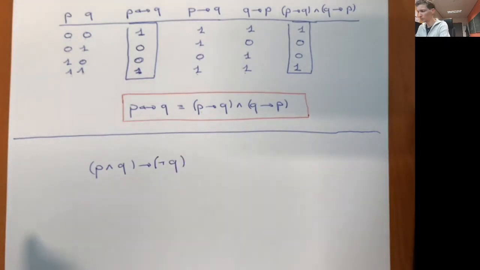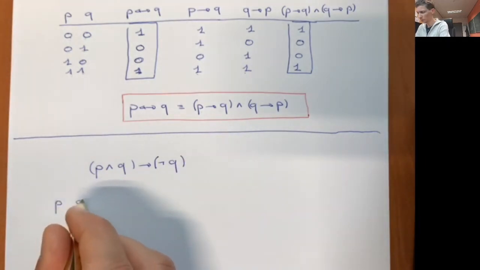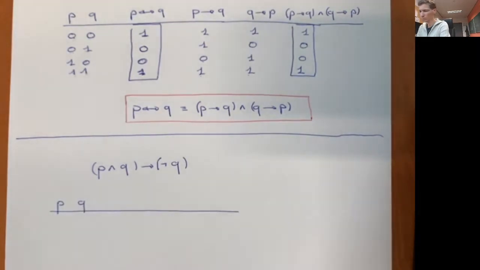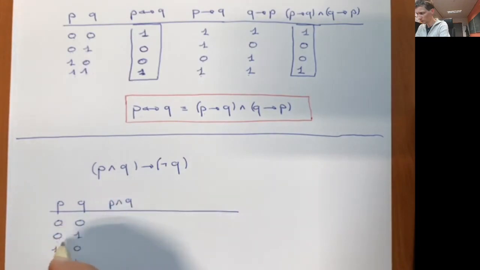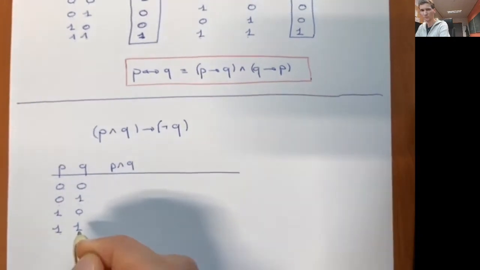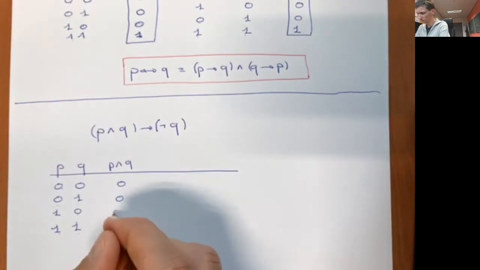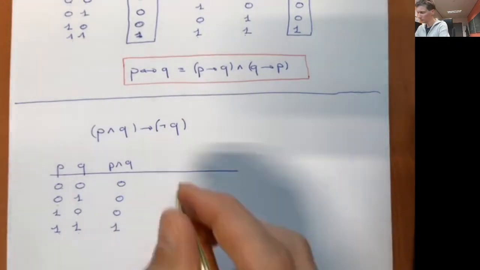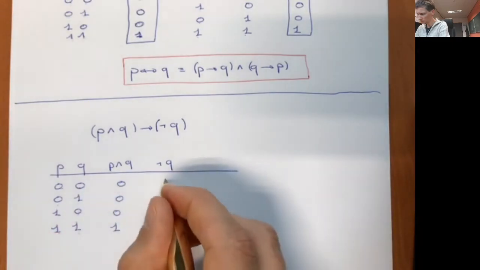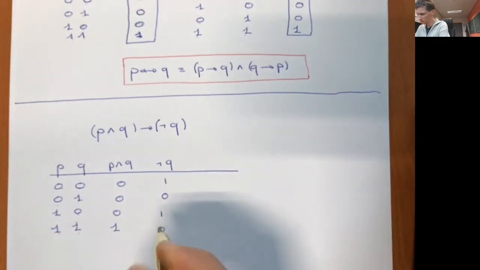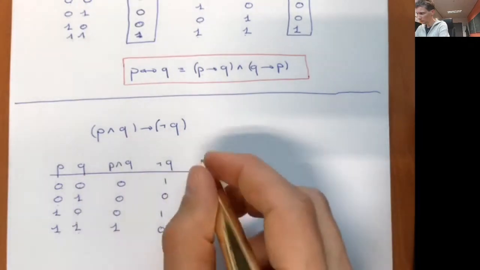P and Q implies negative Q. So we have P, Q, if you want to draw the truth table, 0, 0, 0, 1, 1, 0, 1, 1. So first we need P and Q. So 0, 0, 0, 1. Okay, we can derive negative Q. This is 1, 0, 1, 0.